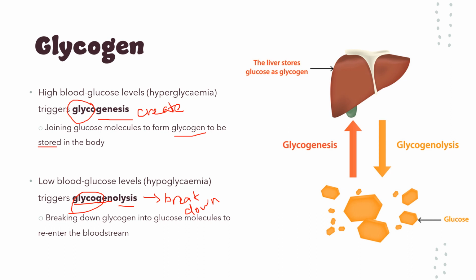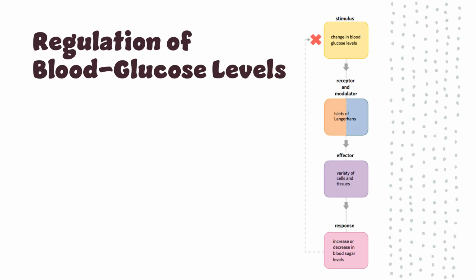We're breaking down glycogen into those glucose molecules to re-enter the bloodstream because we have low blood glucose levels. So we need to increase the amount of glucose in our bloodstream. We're going to go into this in a little bit more detail, but I hope you understand the importance of glucose and the importance of glycogen in terms of regulating blood glucose levels. So let's look at that now.